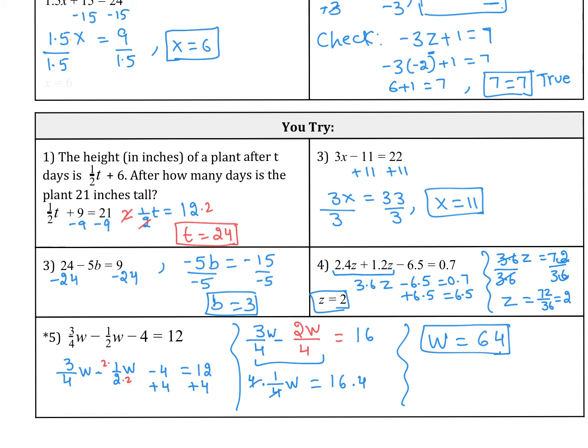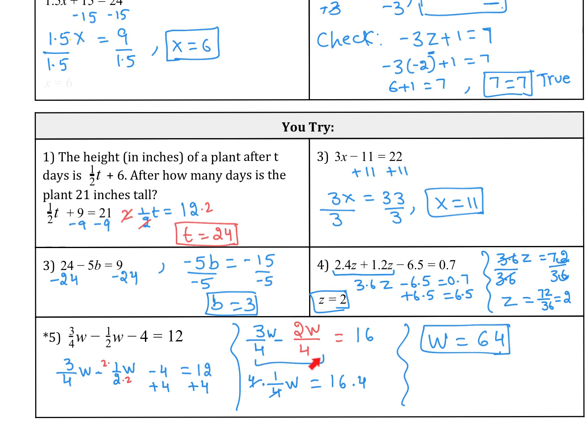After you do that, you get 3 over 4w minus 2w on the top and 4 on the bottom. Now we have to think about this 4. We need the variable term on one side and this 4 on the other side. So we add 4 on both sides, and the 4 and 4 cancel. You get 16 on the other side.